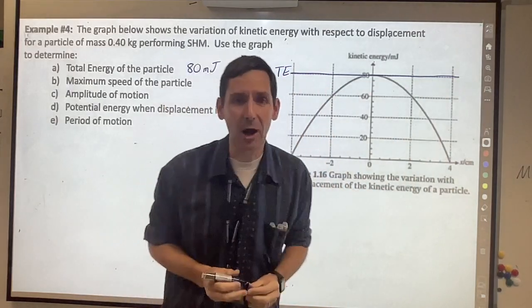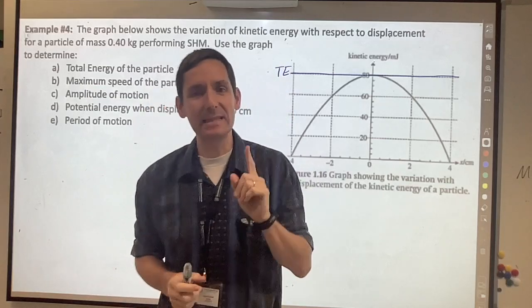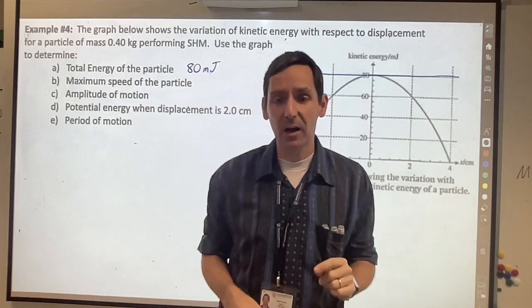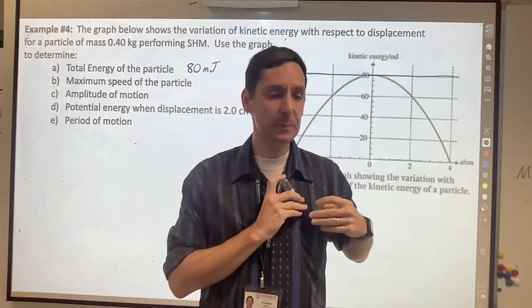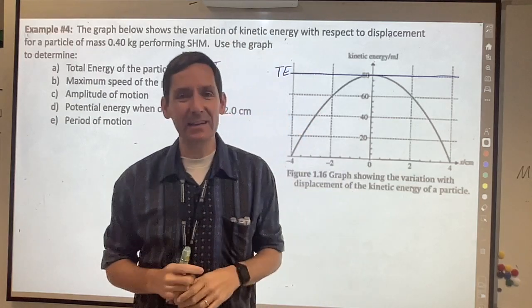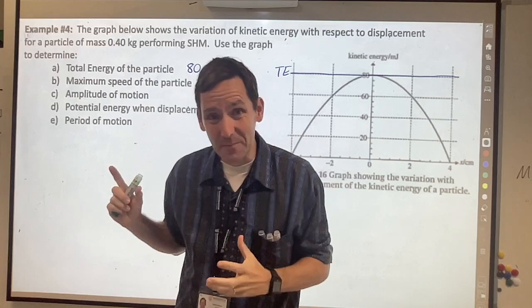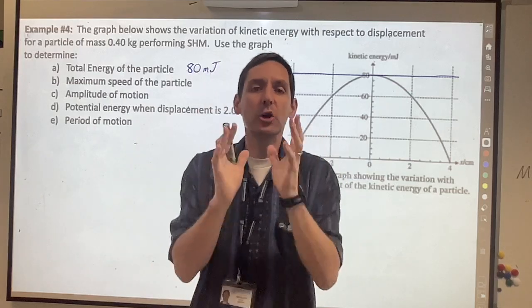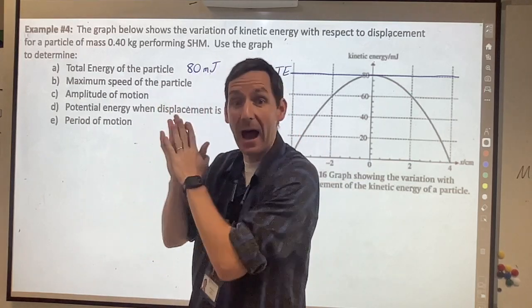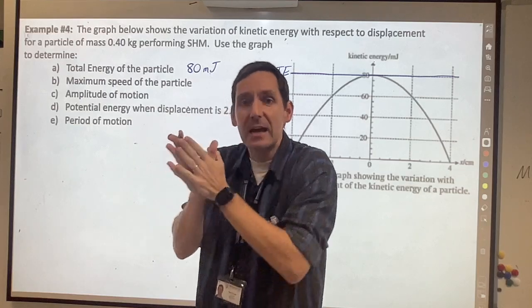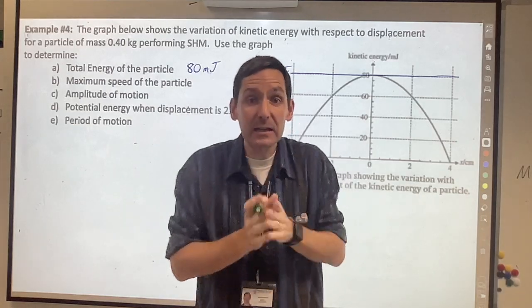The second question is, what is the maximum speed of the particle? The maximum speed I can get from the kinetic energy. I'm looking for a connection between what I have, which is kinetic energy and position, and speed.